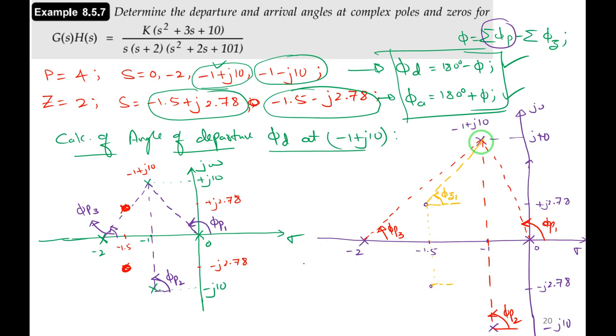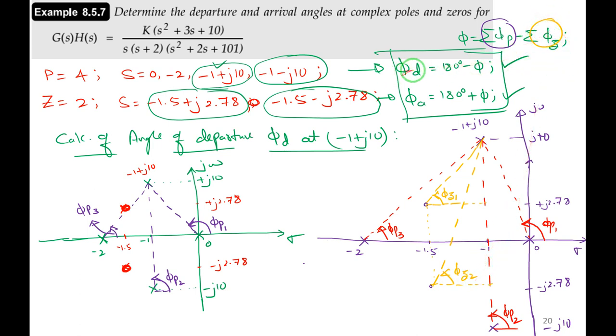So let me join it and make it a right angle triangle. Similarly, let me make it a right angle triangle for this also. This angle is phi z2. So these are the angles subtended by zeros. I hope you got it, right?